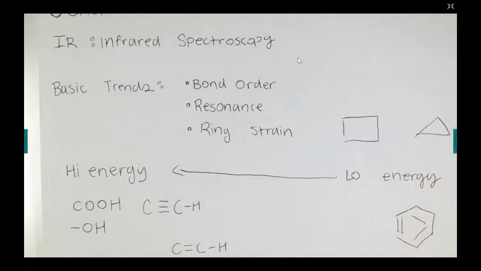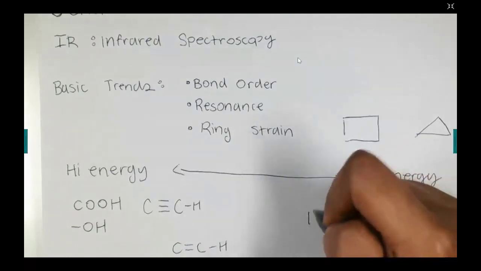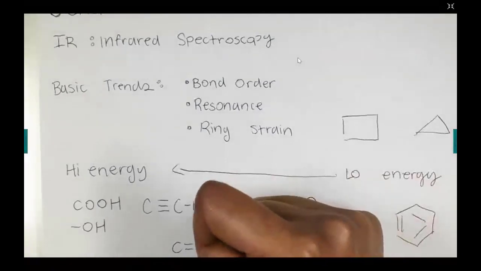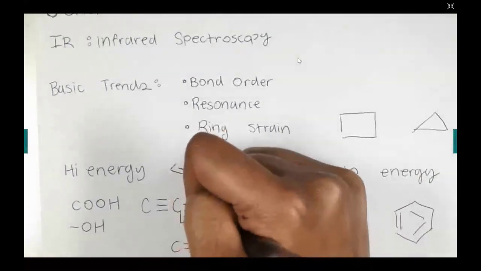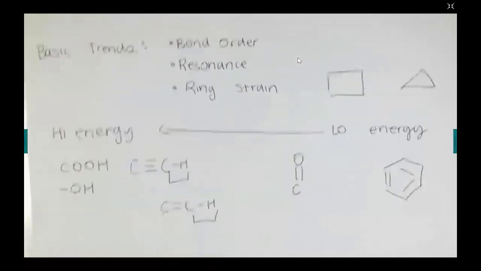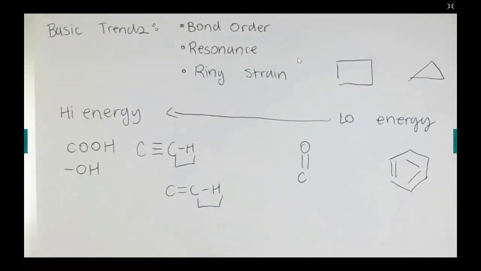Even though they're a ring, that resonance takes over. You're also going to see carbonyl stretches, which are pretty high energy, but not as much as these sp and sp2 carbon hydrogen bonds. And hopefully that's moved up. Yes. Okay. But that's general information on how those trends go.